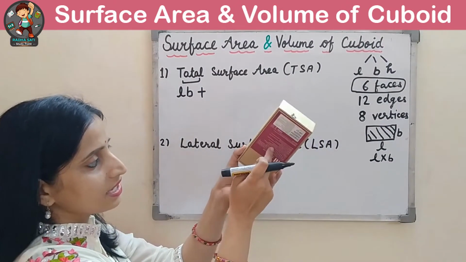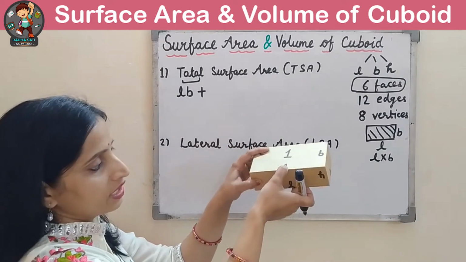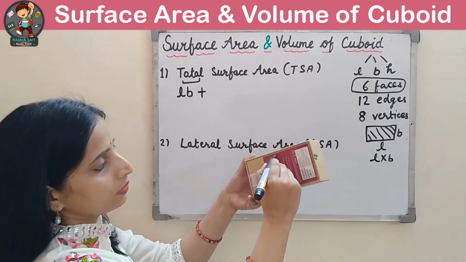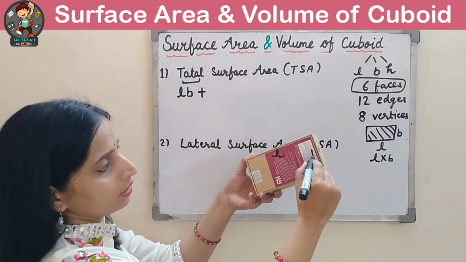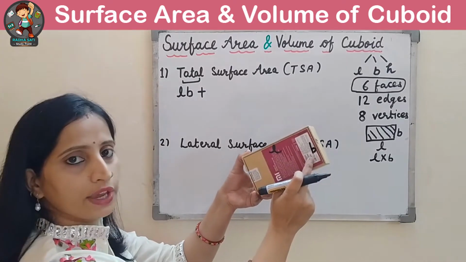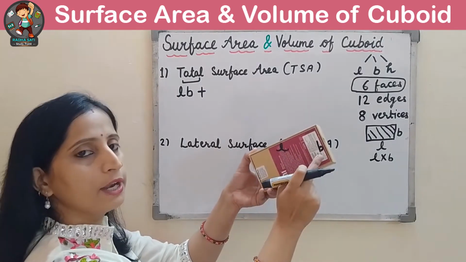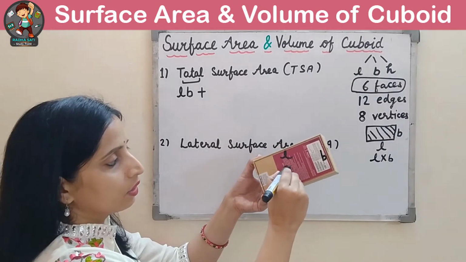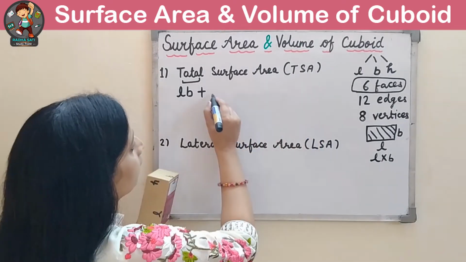These two faces are similar to each other. So if this is L, this will also be L and this will be B. So the area of this face will also be L multiplied by B. Mark it second face, LB.